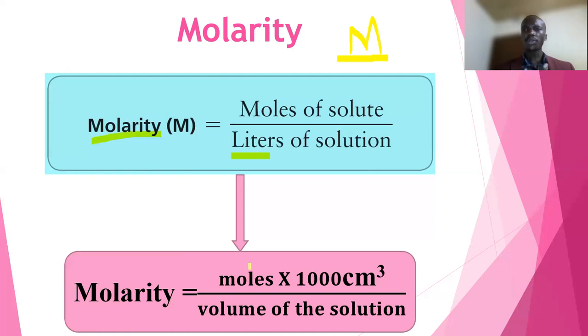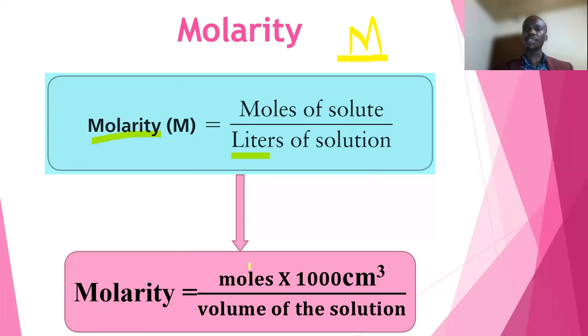So from where we have reached, we have gotten two formulae for calculating moles. One: moles can be calculated as the mass over the molar mass. Two: moles can be calculated as molarity times volume of the solution over 1,000 cubic centimeters. Understand that.